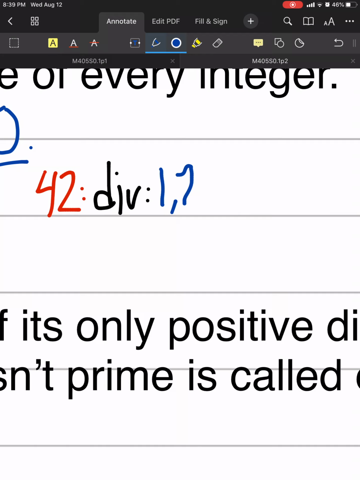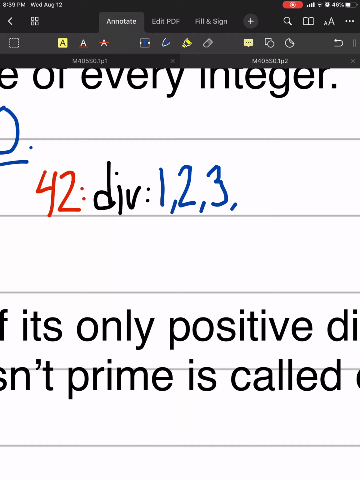2 also clearly goes into 42 because 42 is even. It might not automatically be something you would know, but it's not too hard to figure out that 3 goes into 42. A quick way to tell if 3 goes into a number is to add up the digits, and if the sum is a multiple of 3, so was the original number.